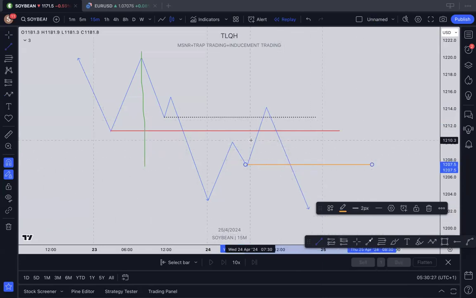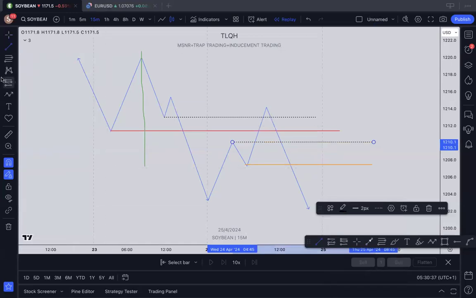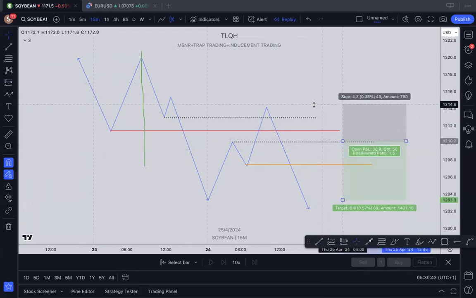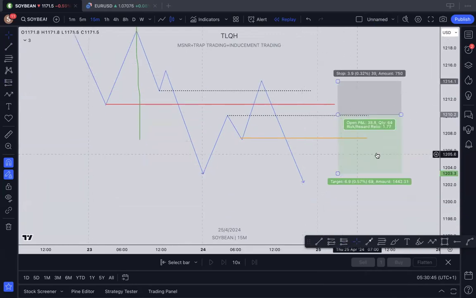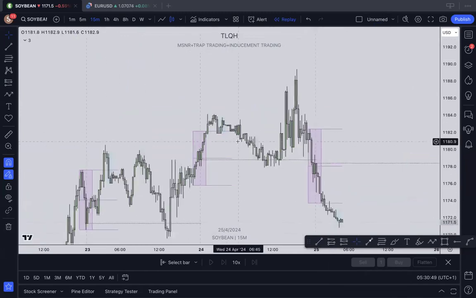And yet again, we'd be looking for the next 15-minute level here, and you'd be looking to enter off of that, covering a high. In this case, it'd be the high of that QM. So now let's go and have a look.